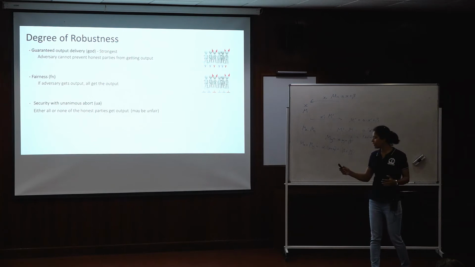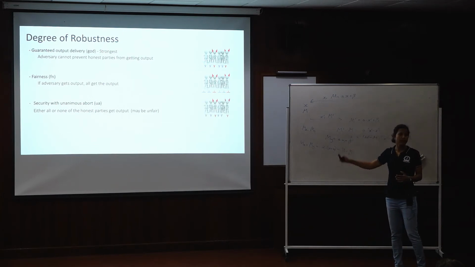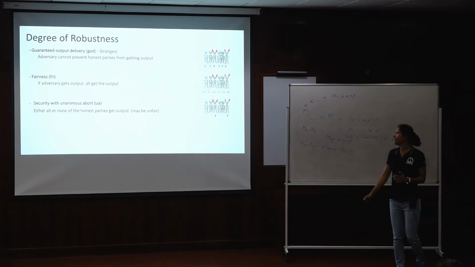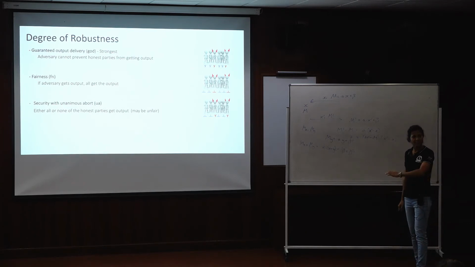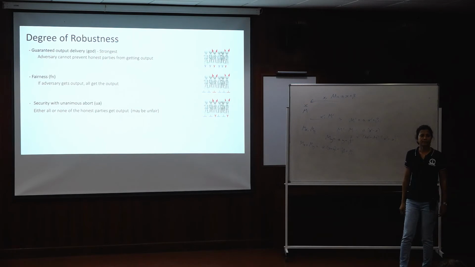Either all the honest parties get the output, or it may happen that none of them gets the output. That's allowed. This is unfair again because the corrupt parties may always receive the output and then decide whether to give the output to the honest parties or not.